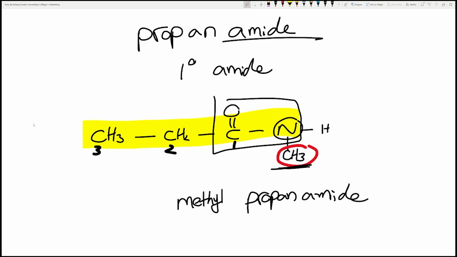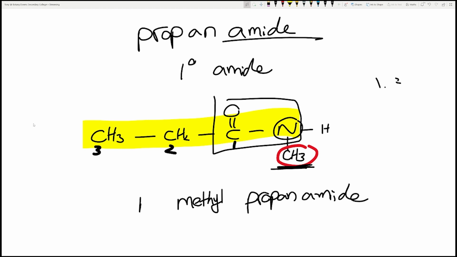How do we do the naming of this particular methyl group? Normally we do numbers like 1, 2, whatever, referring to whatever carbon it is bonded to, but this CH3 is attached to the nitrogen.